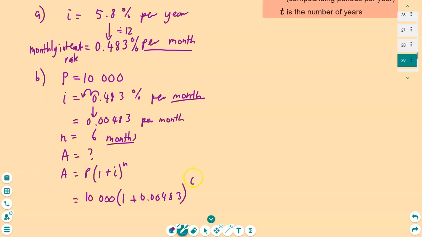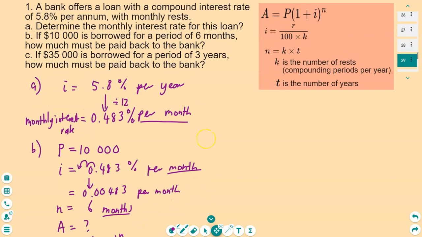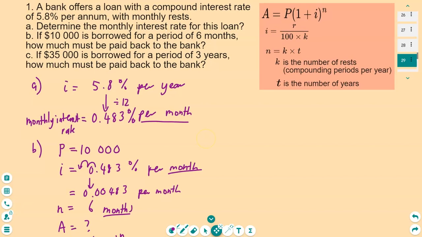N is 6. Put that into your calculator. 10,000 times 1 plus 0.00483 to the 6. That's $10,293.32. That's our part B answered.